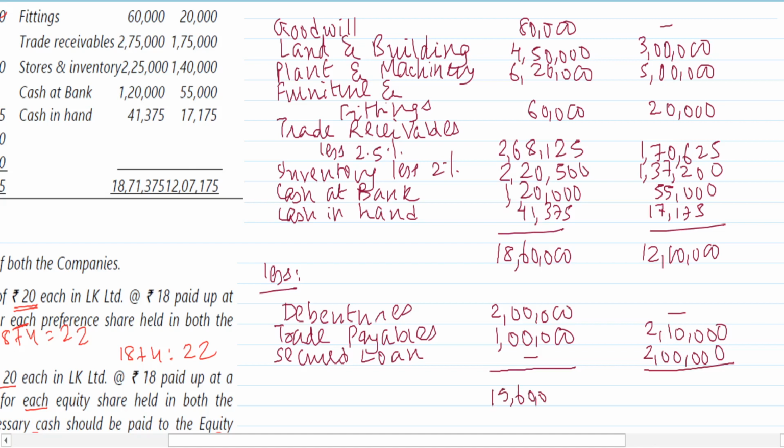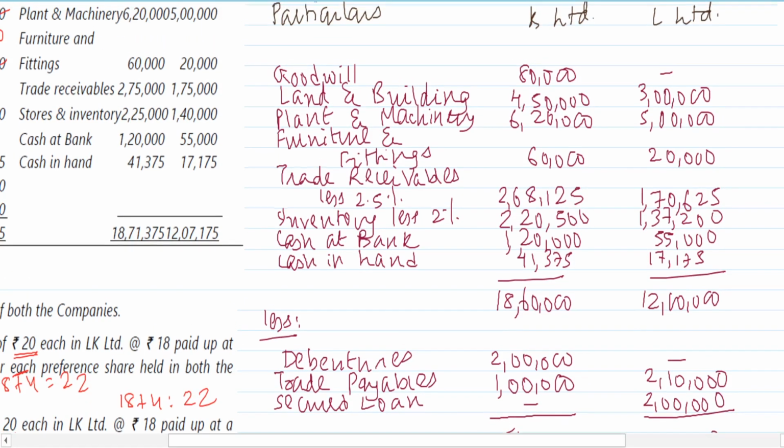So I get 15,60,000, 7,90,000. This 15,60,000 and 7,90,000, that is turning out to be the intrinsic value of the net assets.